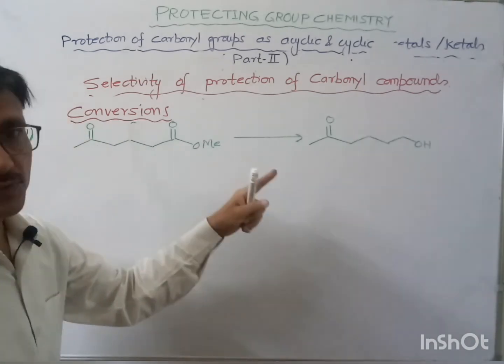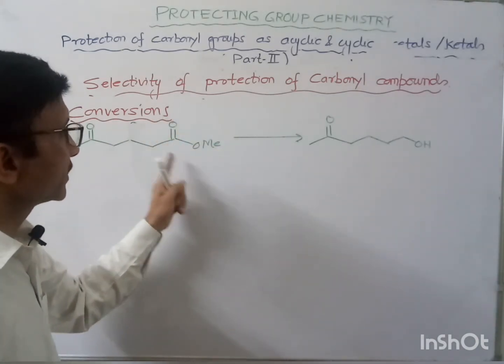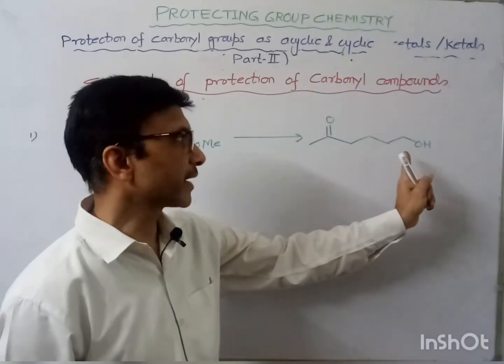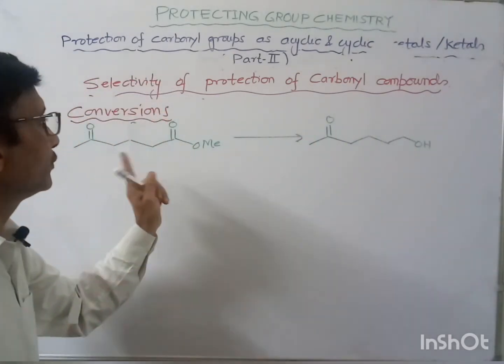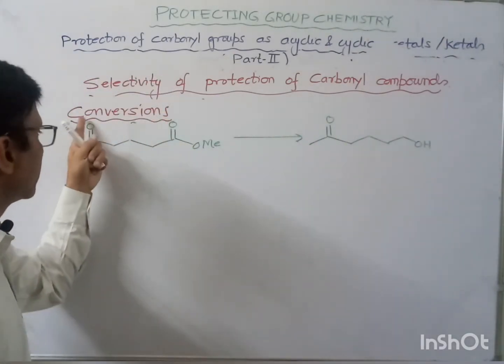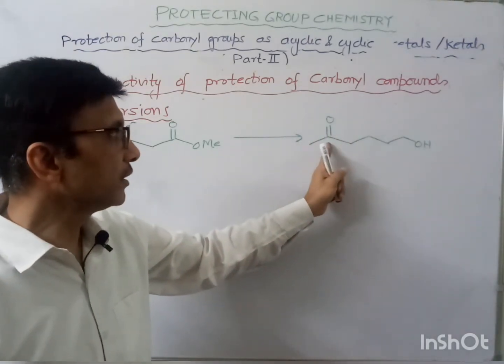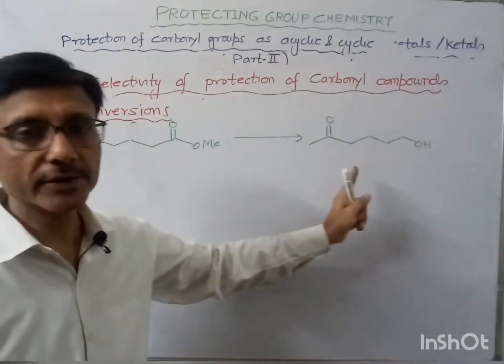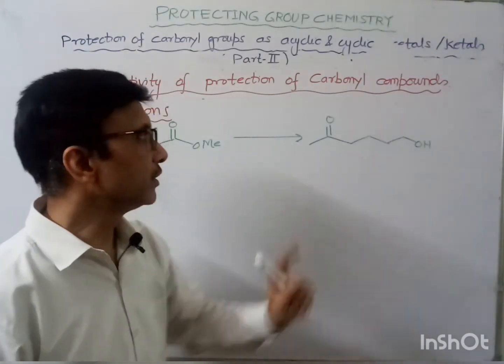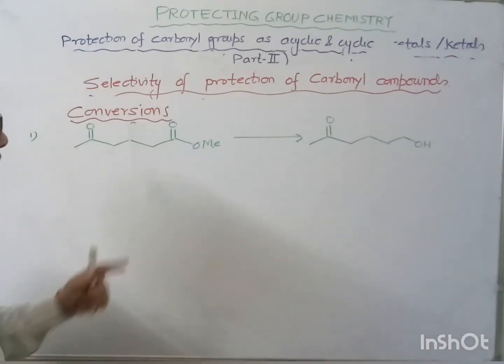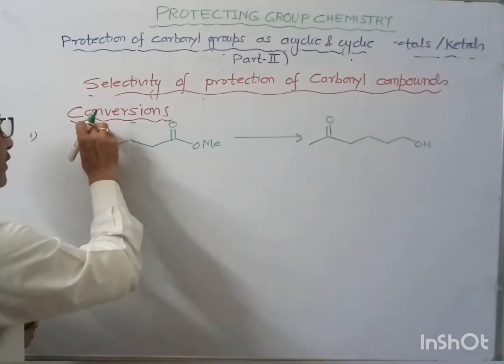So how can we do this one? This ester can be reduced to this primary alcohol, but if we use any reducing agent, then this carbonyl group will also get reduced into the secondary alcohol, and the ester group will get reduced to the primary alcohol. So to get the desired product, we should protect this one.